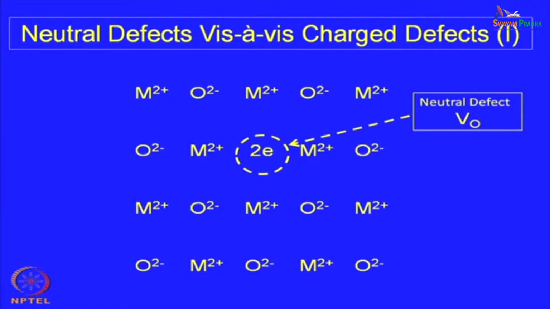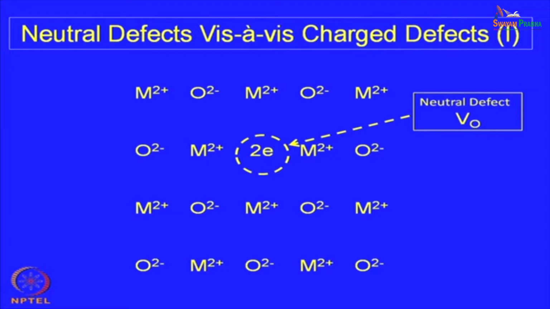So, these are the 2 electronic charges left behind when the oxygen has come out in the form of an atom, okay, because it cannot take charge and come out on the surface or into the atmosphere.